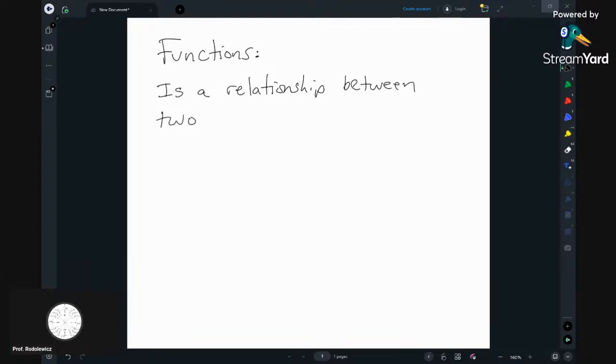So in this course, we're going to say it's a relationship between two quantities, but if you take calculus 3, which many of you will, and you work in three-dimensional space, it could be 3 quantities, it could be 4 quantities. Computer scientists will take a lot of different inputs, like 20 inputs, and then pair it with something. But for us, it's going to be a relationship between two quantities.